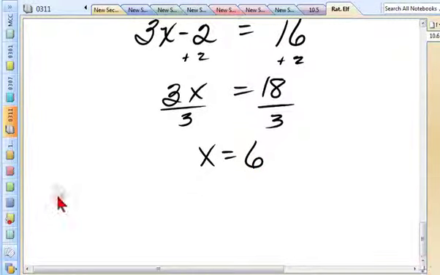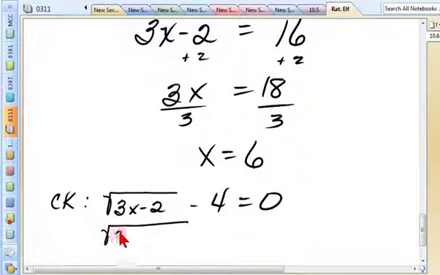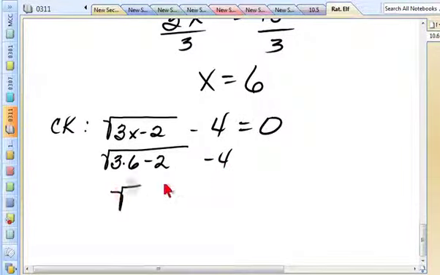But I need to check it. And always check in the very original equation. So I have the square root of 3x minus 2, minus 4, is 0. So that's going to be 3 times 6 minus 2, minus 4 on the left, which is 18 minus 2 is 16 under the radical, minus 4.